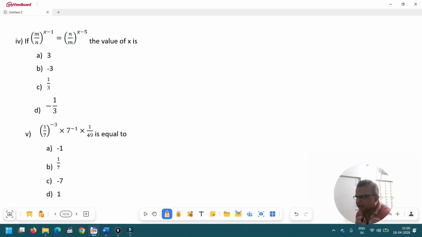If m by n का power x minus 1 is equal to n by n का power x minus 5, the value of x is... and the power 5 minus x.